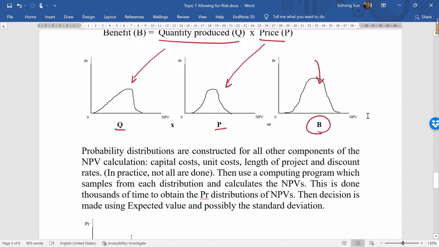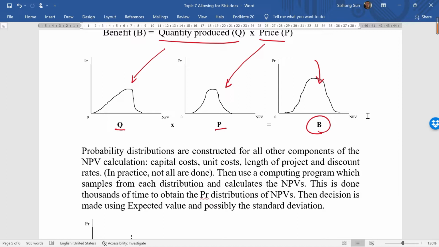Probability distributions are constructed for all other components of NPV calculations, like capital cost, unit cost, length of project, discount rate. Well, in practice, not in all cases. For example, we might know the length of the project for sure. Then there's no risk on the aspect of the length of the project.